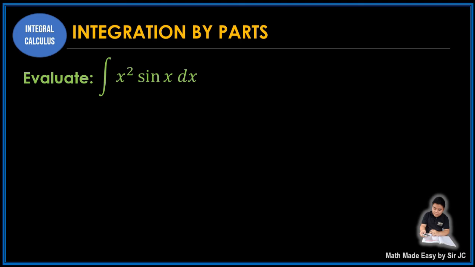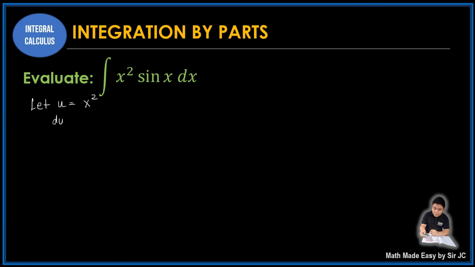Next problem is the integral of x squared sine x dx. Again, we will use integration by parts because we have two different functions here. We have x squared, which is algebraic, and sine x, which is trigonometric. What will be our u? From LIATE, algebraic comes before trigonometric, so we let u be equal to x squared.